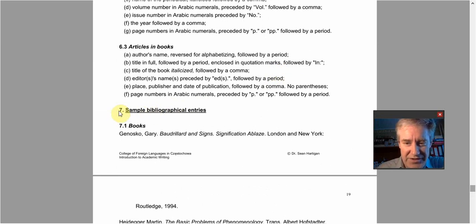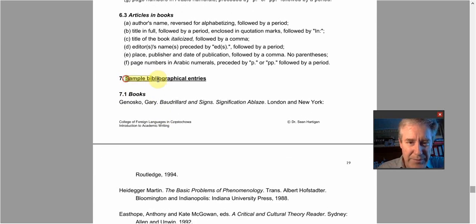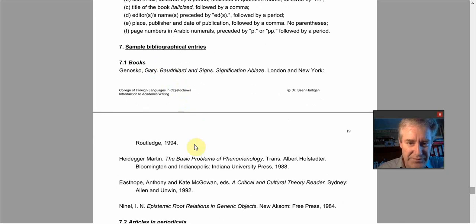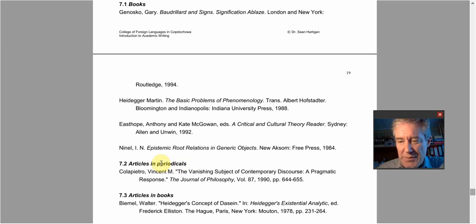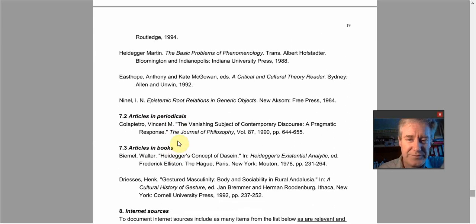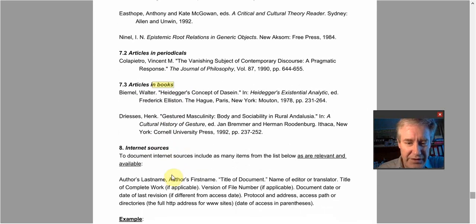So here under section 7 on page 18 of the module, we have sample bibliographical entries for books, articles in periodicals. And again, periodical just means a journal or a magazine, something like that, or newspaper. Articles in books, internet sources.